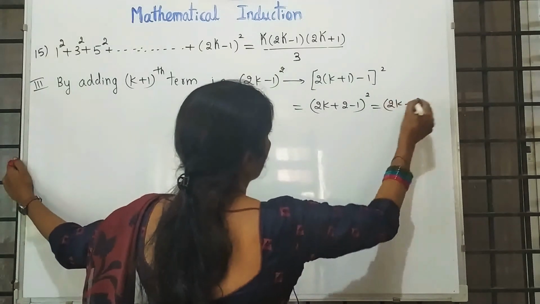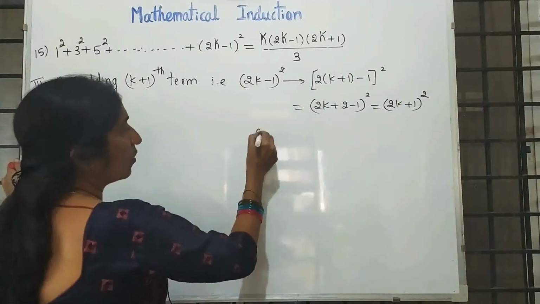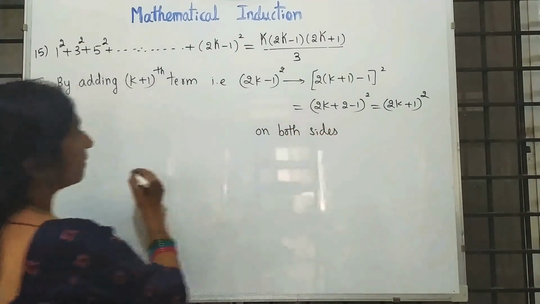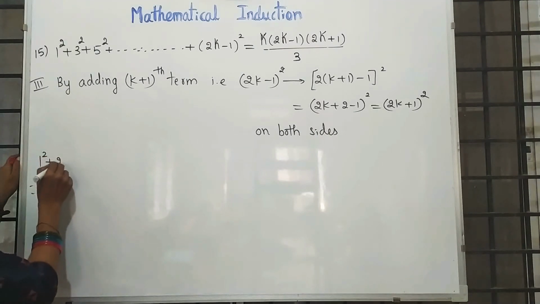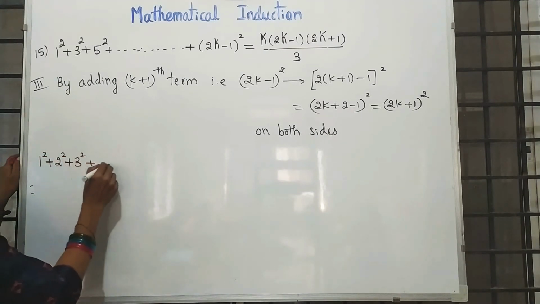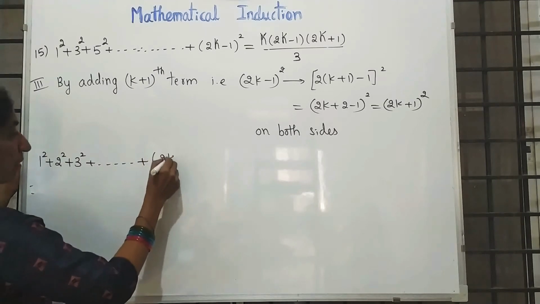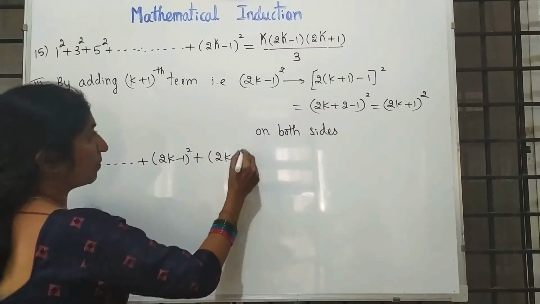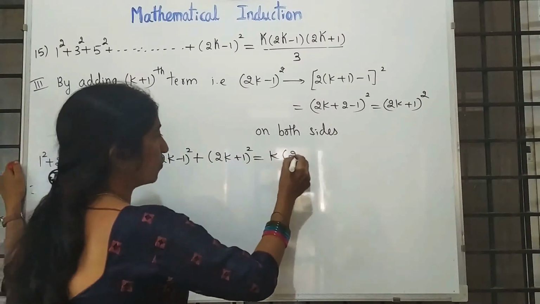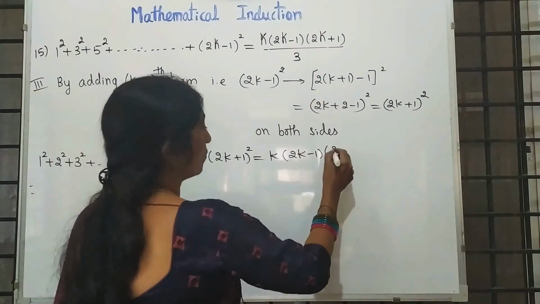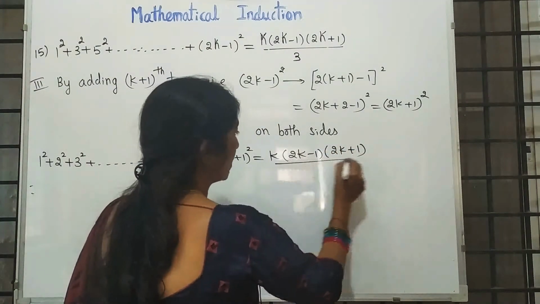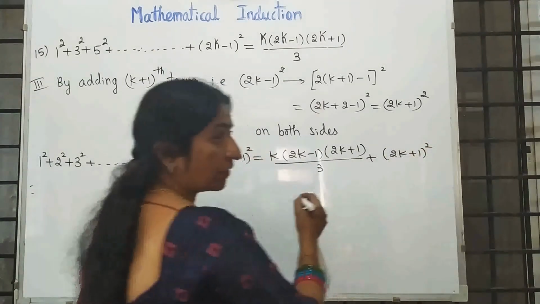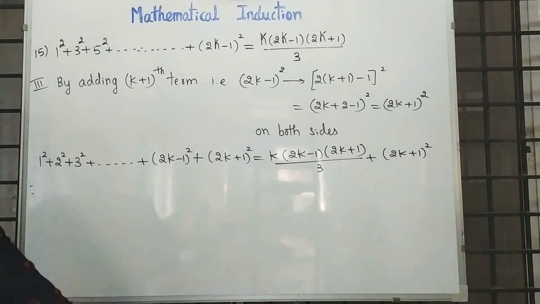That is (2k+1)² on both the sides. So it is 1², 2², 3² plus (2k−1)² plus (2k+1)², which equals k(2k−1)(2k+1)/3 plus (2k+1)².